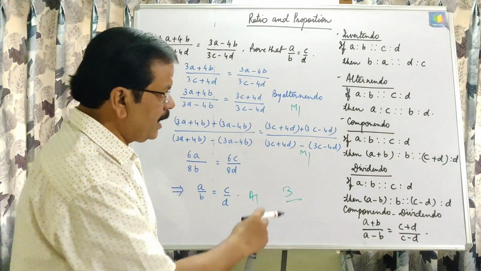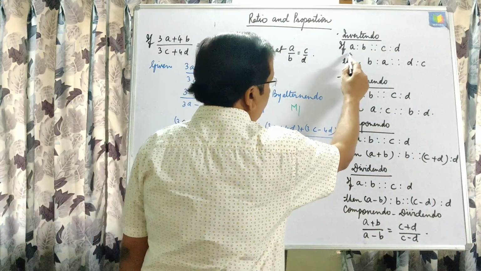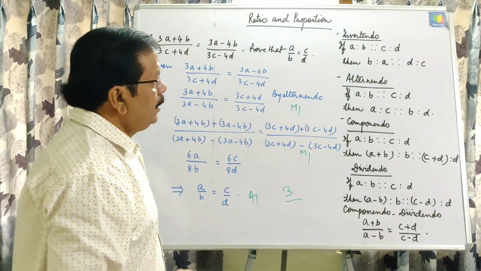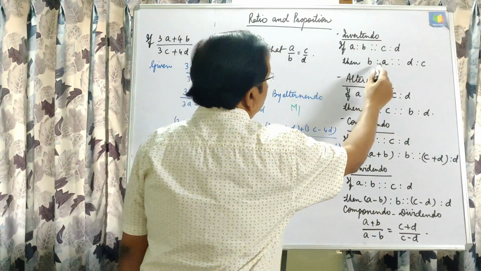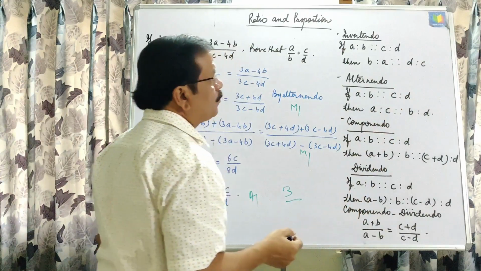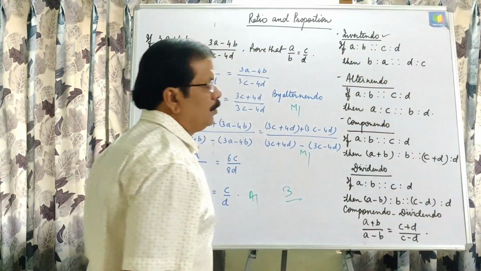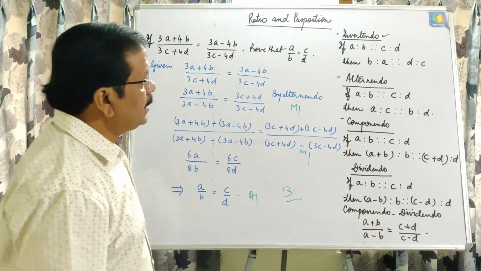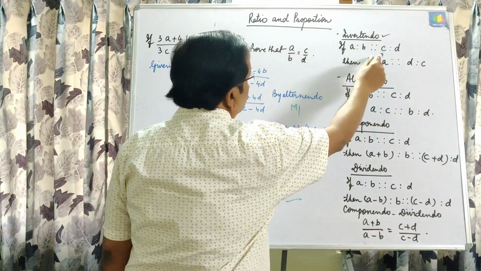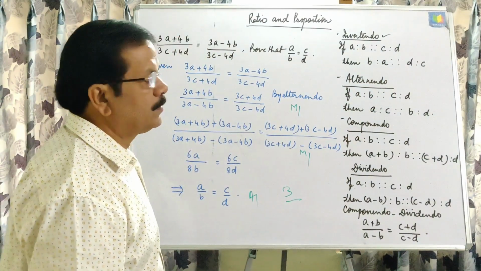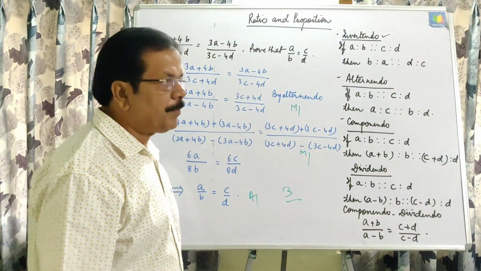Again, you can see I have written here the property: if A, B, C, D are in proportion, then B is to A is also equal to D is to C, and this is the property invertendo. That is, if A upon B is equal to C upon D, you can write B upon A is equal to D upon C also. This is the first property.